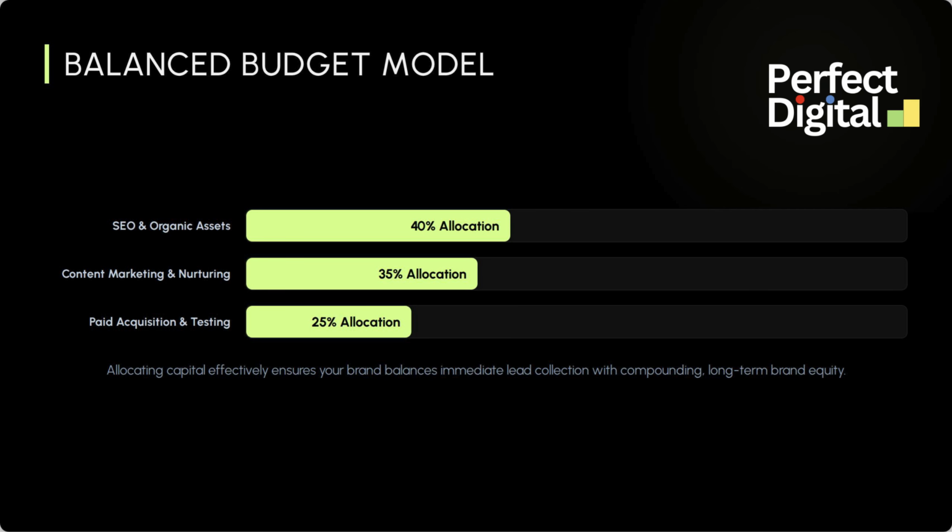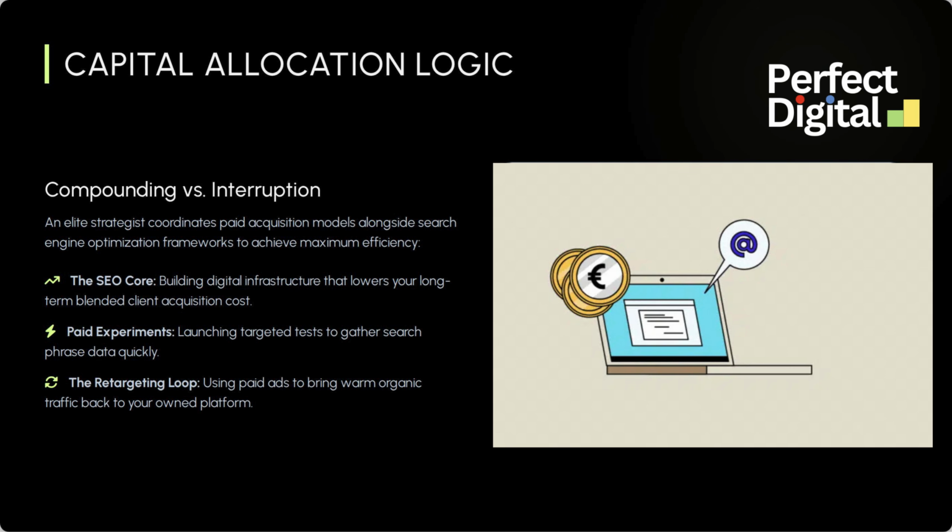Allocate 40% to SEO and organic assets, then allocate 35% to content marketing and nurturing, and then allocate 25% to paid acquisition and testing. This exact layout is powered by our capital allocation logic, balancing compounding assets against interruption media.